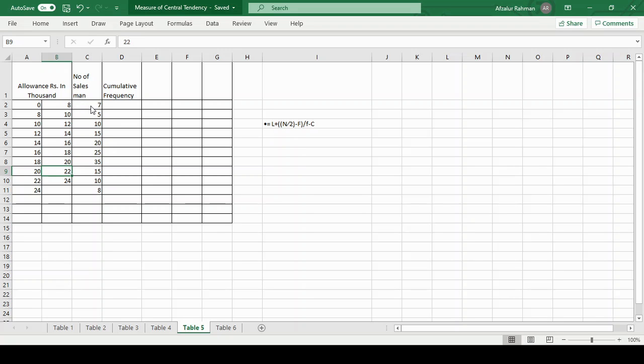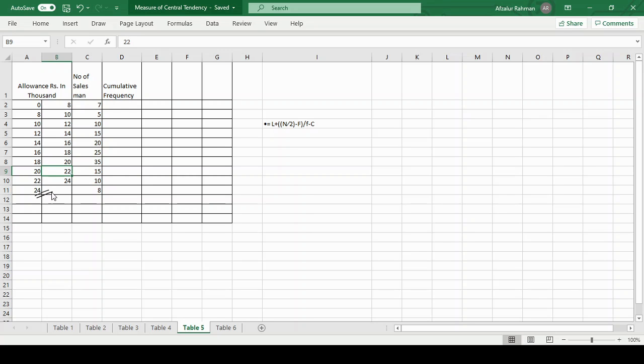So there is a company which allows allowances to its employees. In a particular month, suppose the number of employees who took allowances between 0 and 8,000 is 7. In this way, the second group is 8 to 10,000, then 10 to 12,000, and so on. So these are the amounts: 8,000, 10,000, 12,000, 14,000, 16, 18, 20, 22, 24, and more than 24.